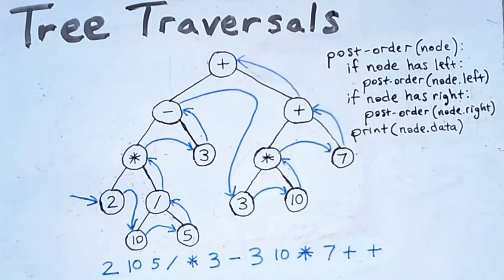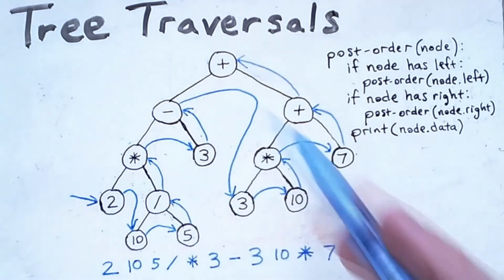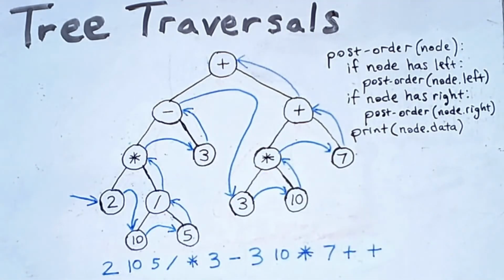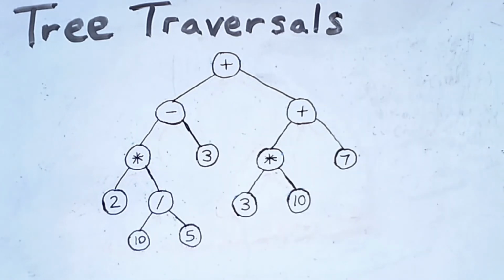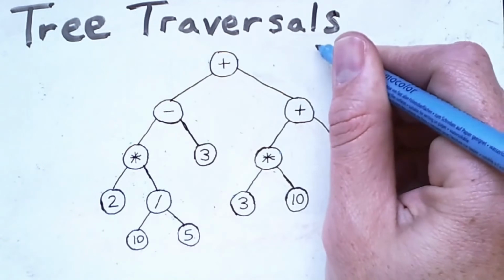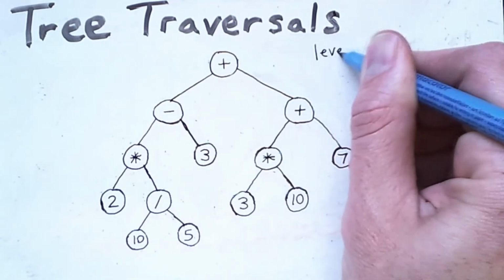So we're simply taking this data and traversing it in different ways, but we're not fundamentally changing it. However, there is one traversal order I want to teach you that is somewhat fundamentally different, and that is a level order traversal.